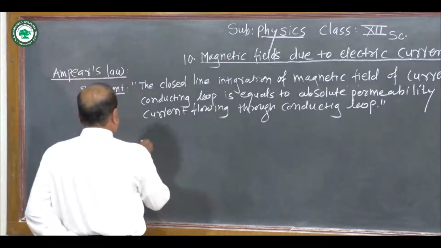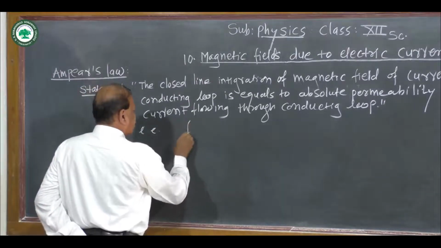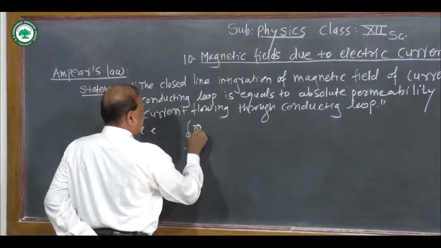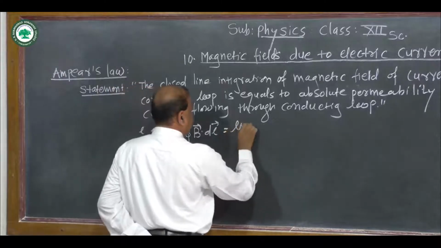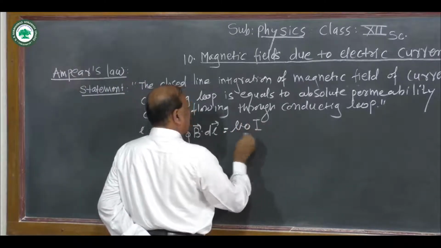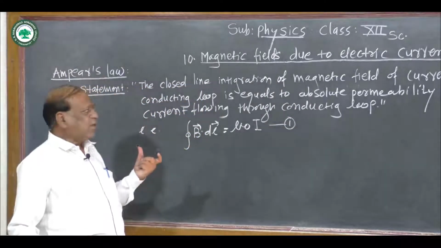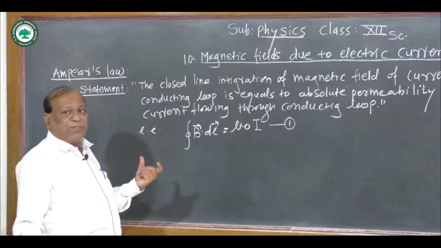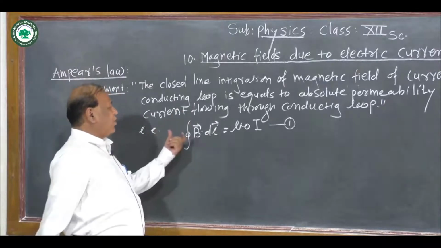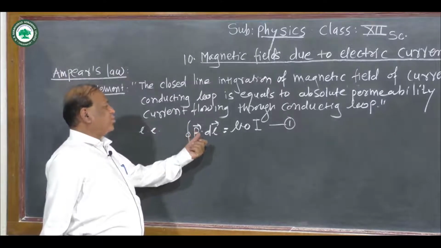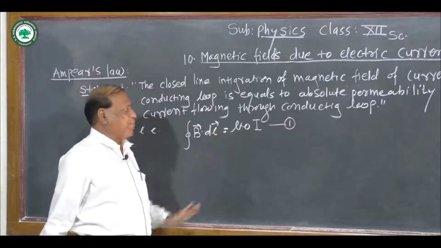Mathematically we write that closed line integration of B dot dl is equals to mu 0 times I. This is equation 1. This is the mathematical statement of Ampere's law, that closed line integration of B bar dot dl bar is equal to mu 0 times I.